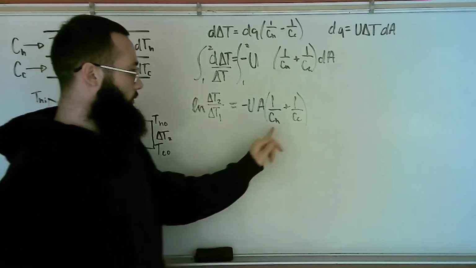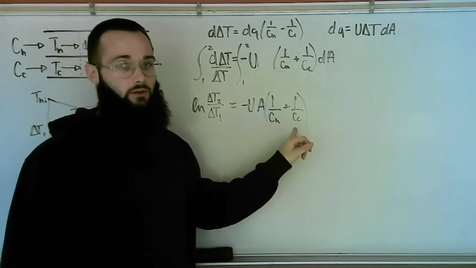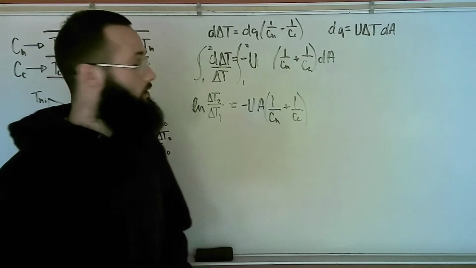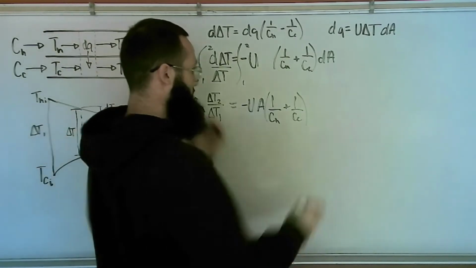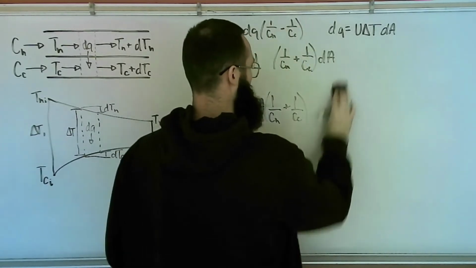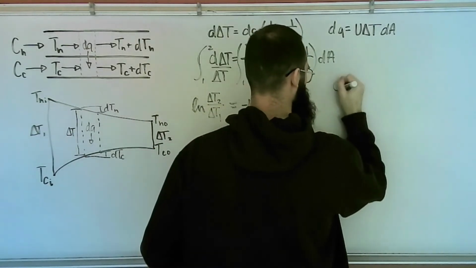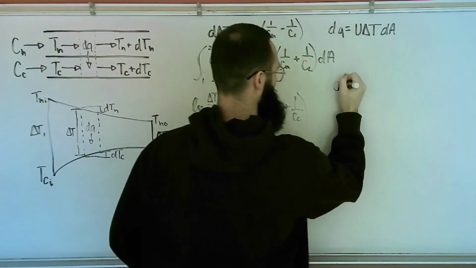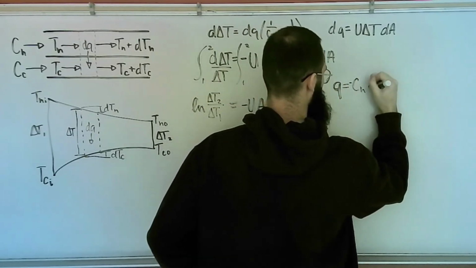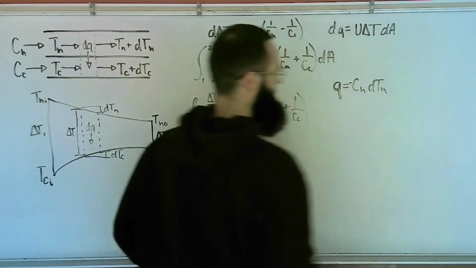So now that we have this, we want to get rid of these Ch and Cc values, because in the end what we want is an equation in terms of Q. So we're going to relate this back to Q. So the total heat transfer from the hot stream, Q, is going to be equal to negative Ch dTh.